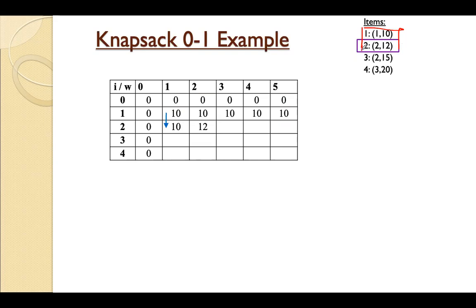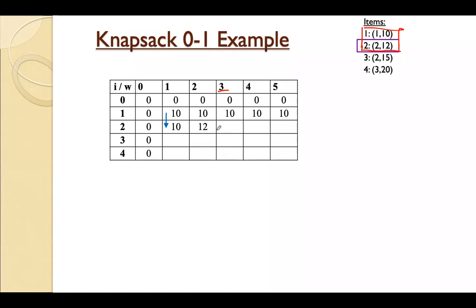See, now we'll be talking about these 2 items together. Okay, earlier in the first row we considered only first item. In the second row we'll be considering both the items. So if bag weight is 2, what is the profit? Profit will be 12. If bag weight is 3, what will be the profit?